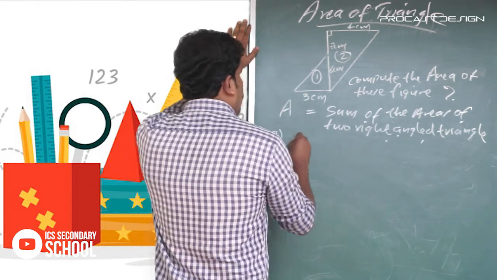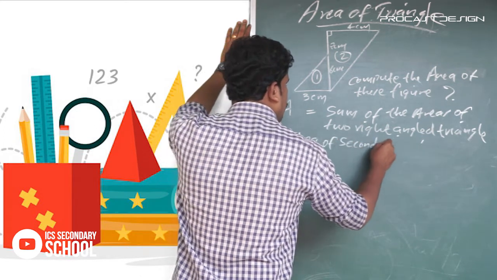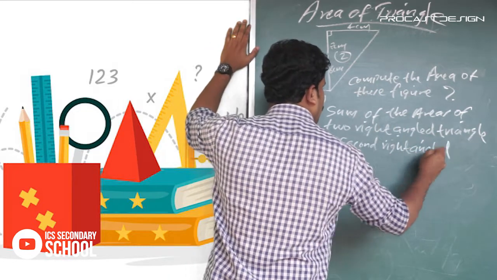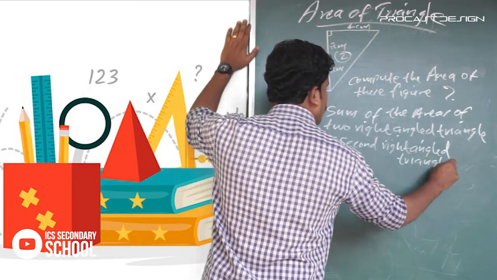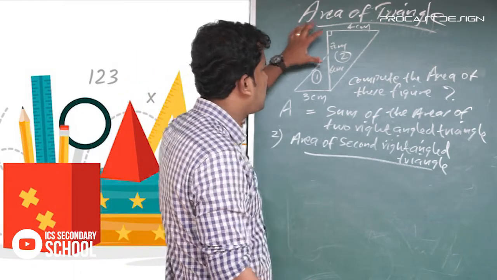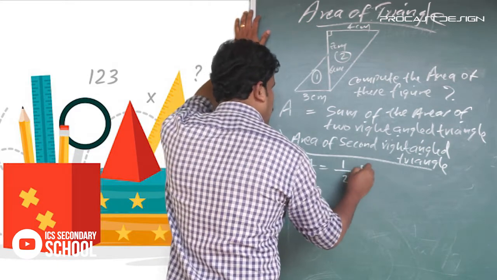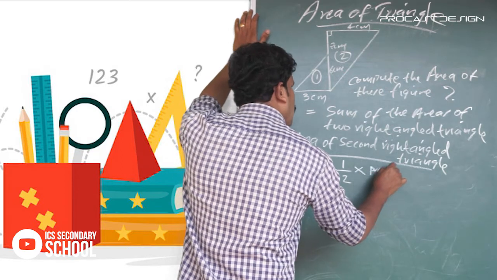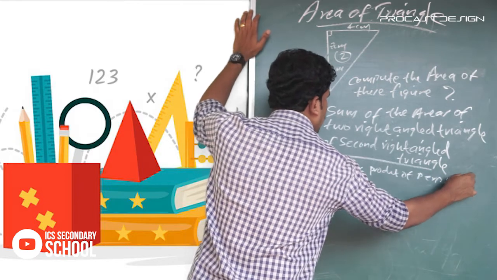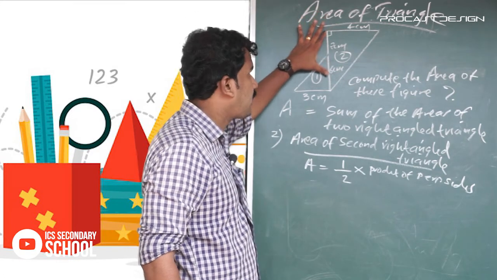Its area equals half into the product of perpendicular sides. So this is our second right angle triangle.